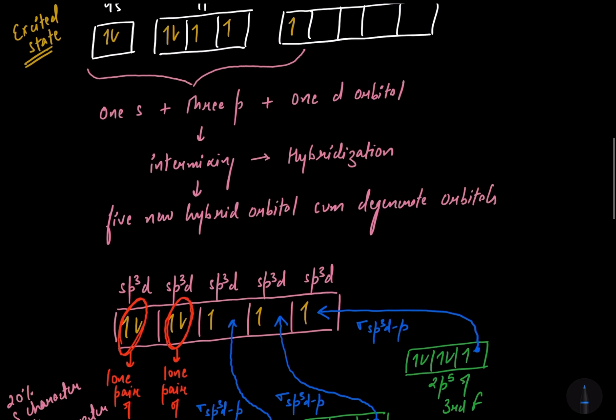After that, the another endothermic process is the intermixing of atomic orbitals. That's called hybridization process, and that energy will be called as hybridization energy. So here is the consumption of hybridization energy.